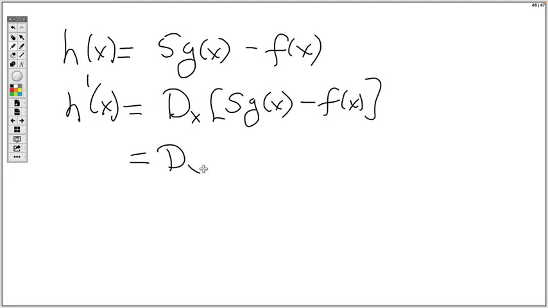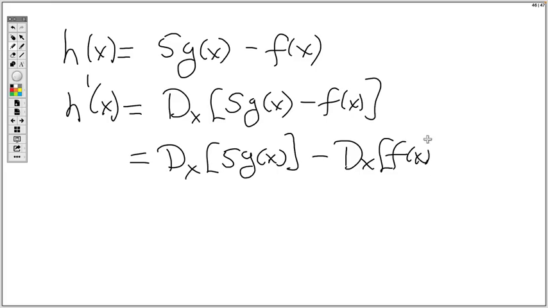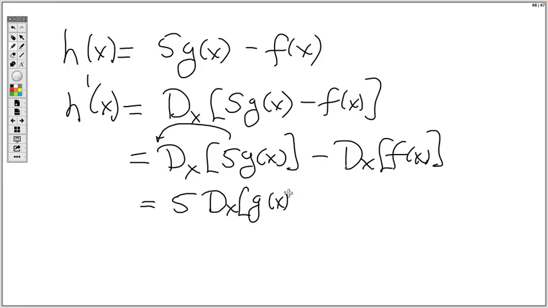So the first derivative rule we apply is sum and difference. So this would be the derivative of 5g of x minus the derivative of f of x. Now that 5 is multiplying g of x, and that 5 is a what? Constant. So what can I do with that constant? Move it out front. So I have 5 times the derivative of g of x minus the derivative of f of x.